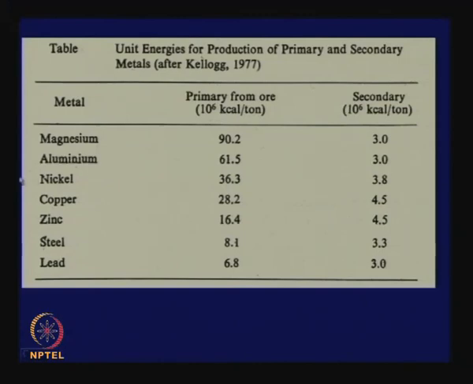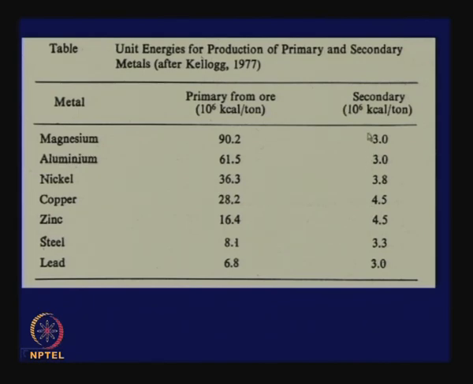And here are some figures. The primary from ore for magnesium is 90 units, secondary would be only 3. Aluminum, primary will be 61.5 into 10 to the power 6 kilocalories per ton. From the scrap, if we produce pure aluminum again, it will be only 3.